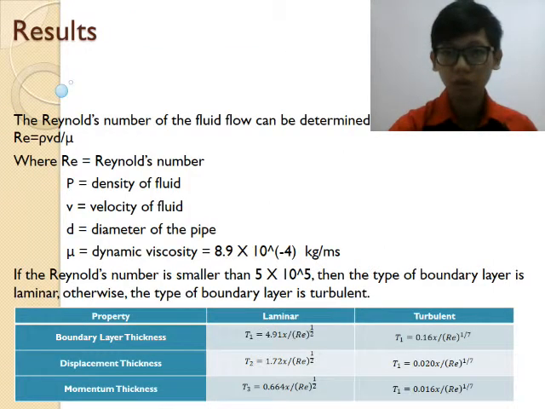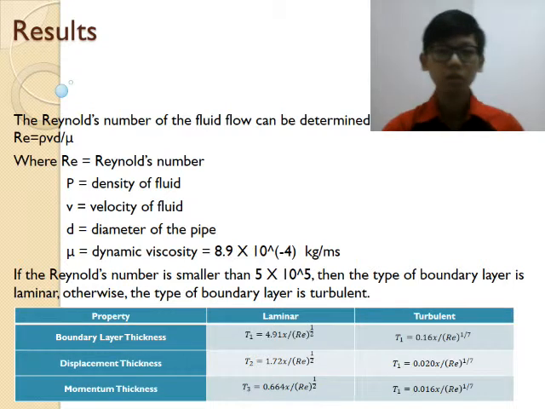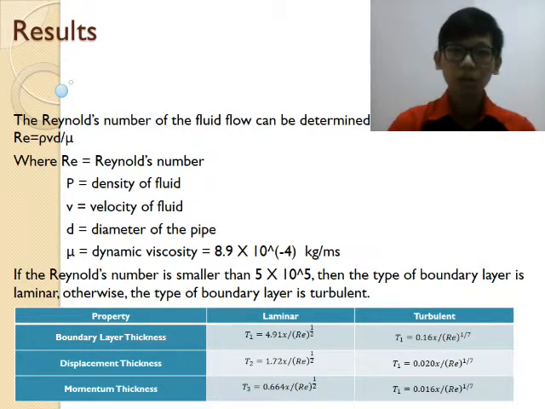So next we will move to the result of this program. The Reynolds number of the fluid flow can be determined by using the formula: Reynolds number equals density times velocity times diameter, divided by the dynamic viscosity.